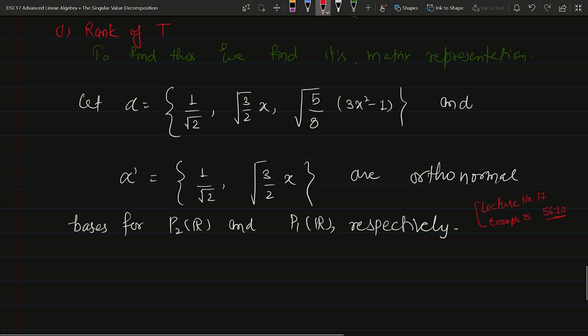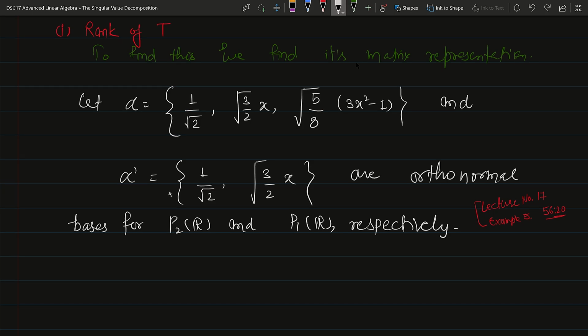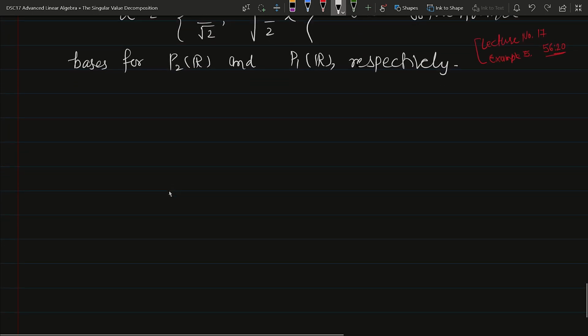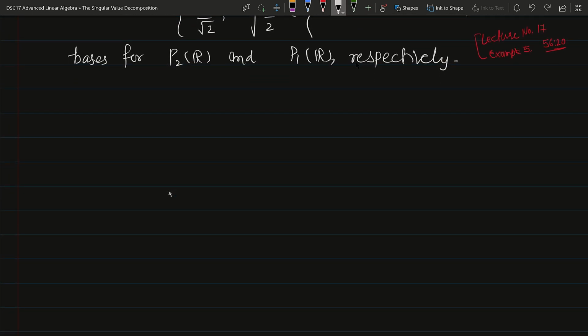We have already done this in this 17th lecture. ठीक है, so we have these two orthonormal bases for the P2R and P1R respectively. Then you can have the matrix representation of this T in form of alpha and alpha prime.